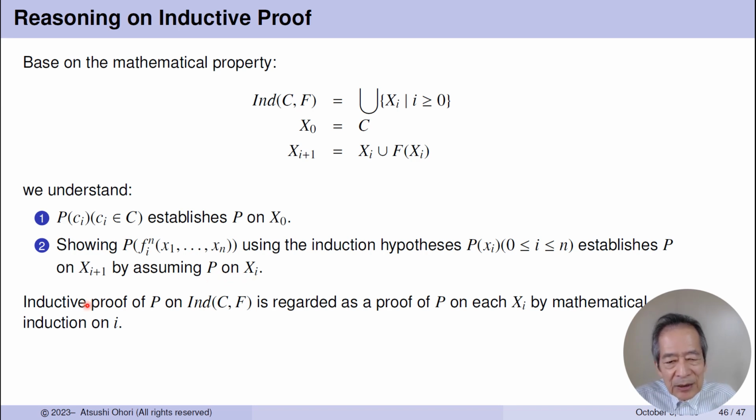So inductive proof of P on the inductive closure is regarded as a proof of P on each xi by mathematical induction on i. This is one mathematical understanding of inductive proof.